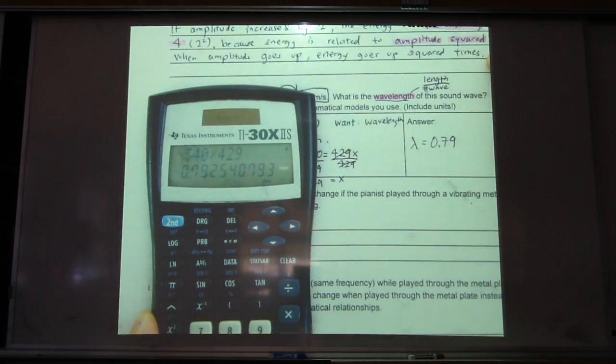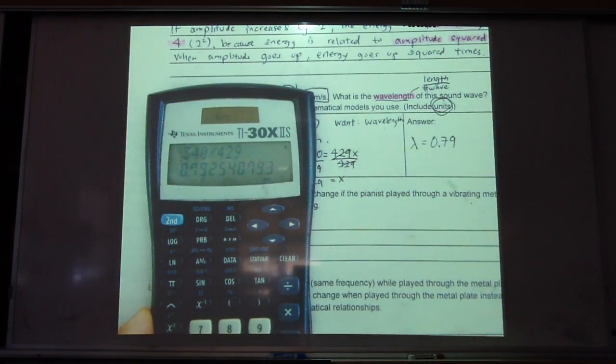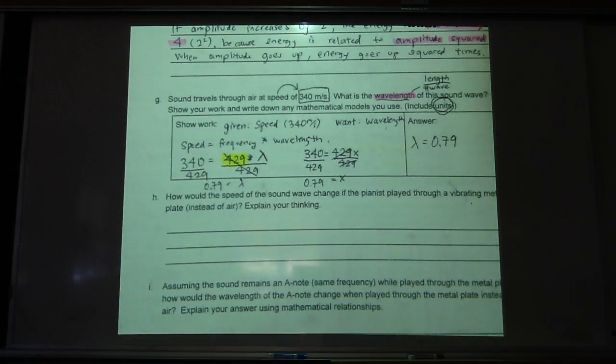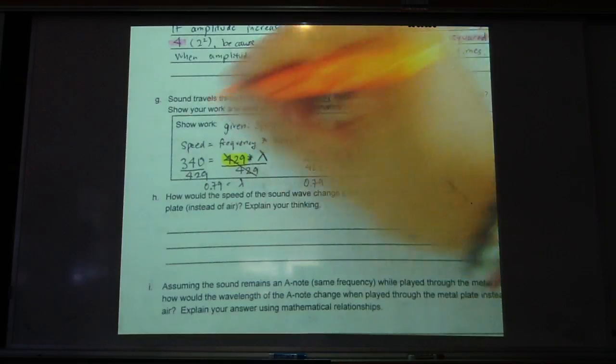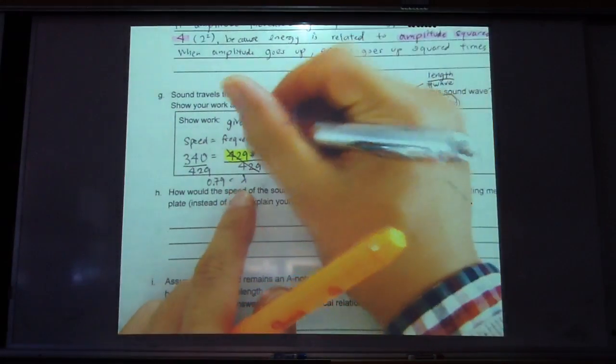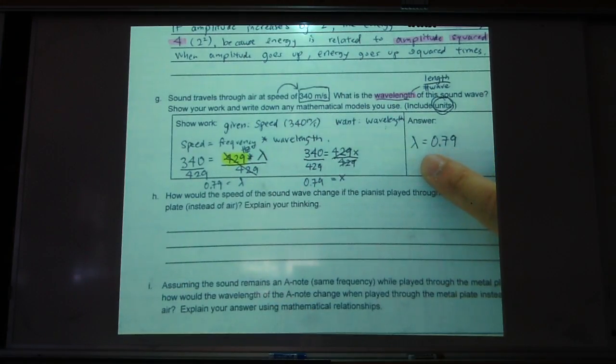Now, in order to get full credit, you have to absolutely include the right units. So in order to find the right units, you have to know what units they're already giving you. Notice that the hidden thing is 429 is hertz. If I want wavelength, I need a length.